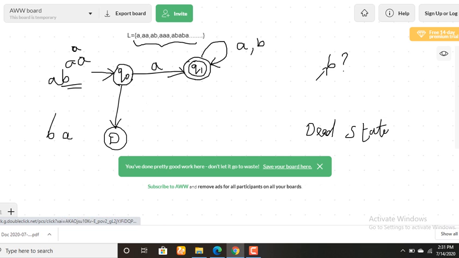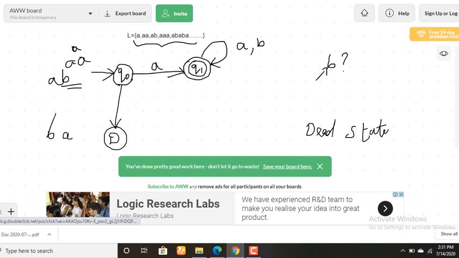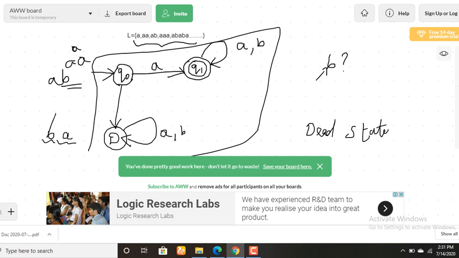For this problem, if any string comes with B, your automata definitely brings the string into a trap, trapped into D. Any remaining string after B is always trapped into D. So A comma B. I think this is your complete DFA.